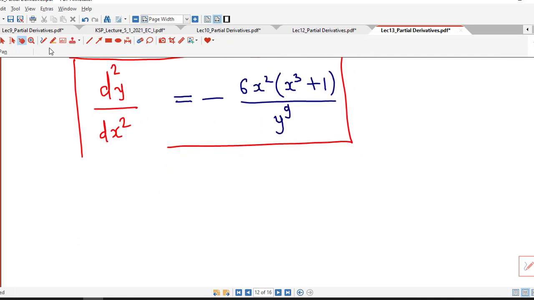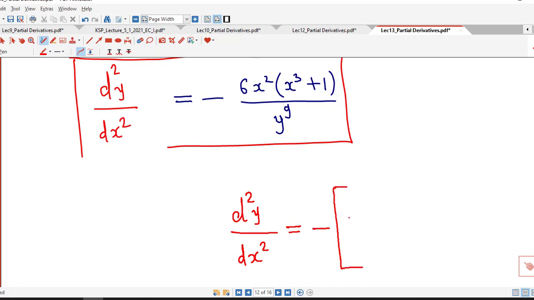So in this way we can find the second order derivative of y with respect to x using this formula. We have to remember this formula. In the denominator we have the cube of q, here we have q square into r, so the last term is p square into t, and the middle term is 2pqs.